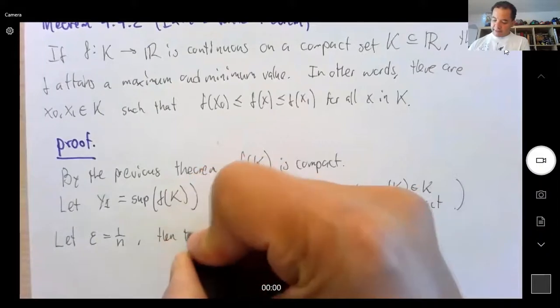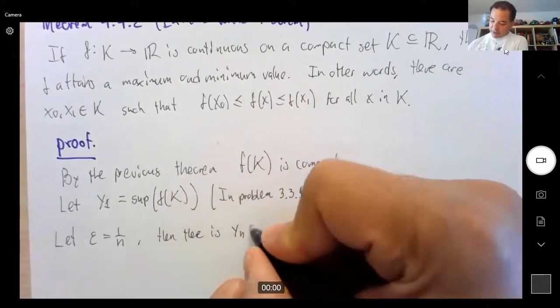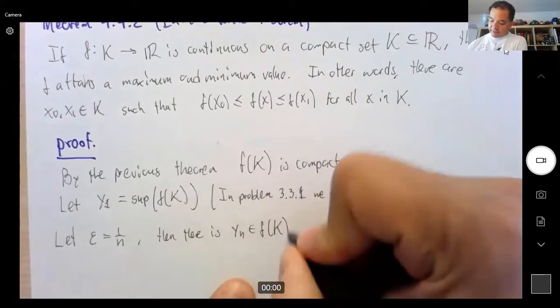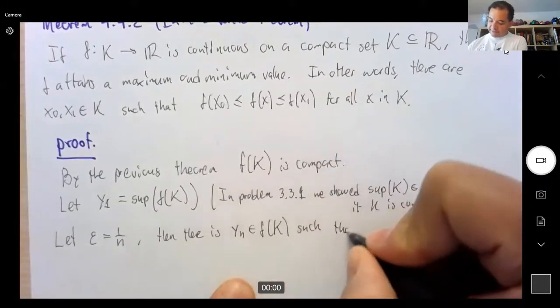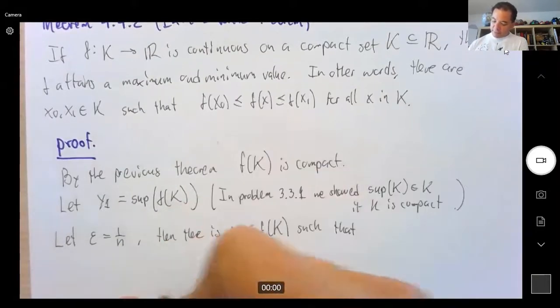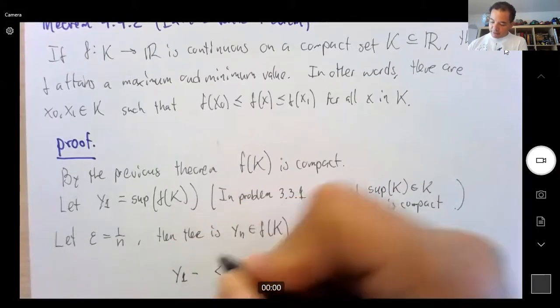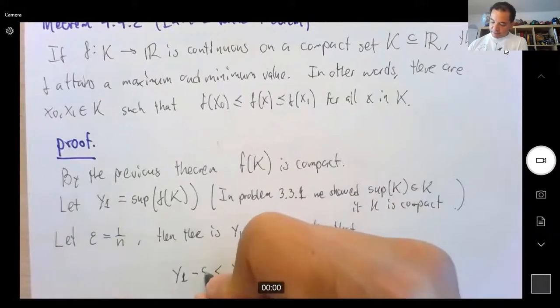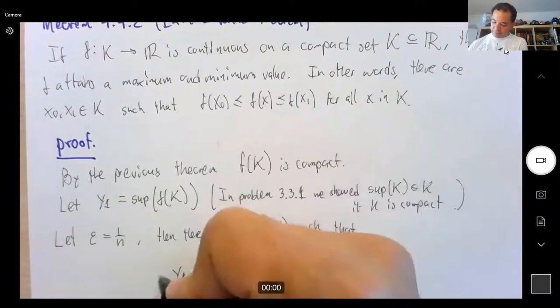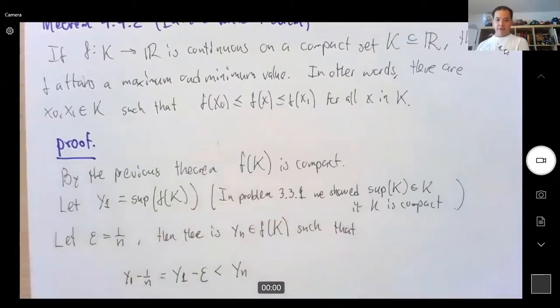Then there is yn in f of K such that yn surpasses the supremum minus epsilon, right? So this is y1 minus 1 over n.